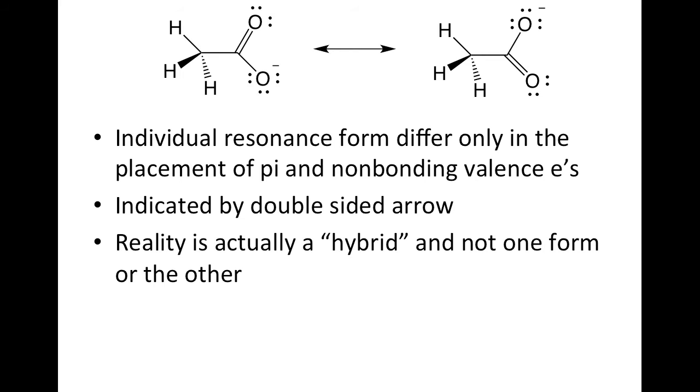So in other words, we're drawing these two individual resonance forms to communicate an idea, but in reality, if there was such a thing as a camera that could take a picture of a molecule, it would almost be like the way it looks when you take a picture of somebody kicking a soccer ball and their leg almost looks like a blur. So these electrons are being shared among these three atoms, the oxygen, the carbon, and the other oxygen. And the reality is not one form or another.